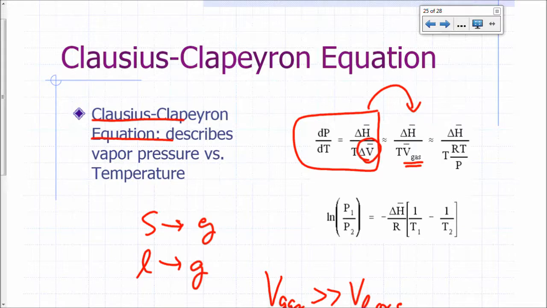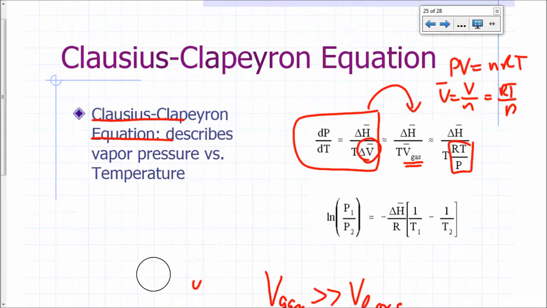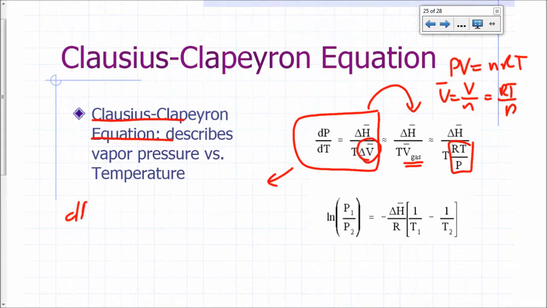All right. So the volume of a gas, if it's ideal, if you remember, PV equals nRT. So volume per mole, which is V bar, is equal to RT over P. So what I've done here is I've replaced the molar volume of the gas by RT over P. And let's rearrange that equation. What do we get here? We say dP dT equals delta H over RT squared and then times P, right?